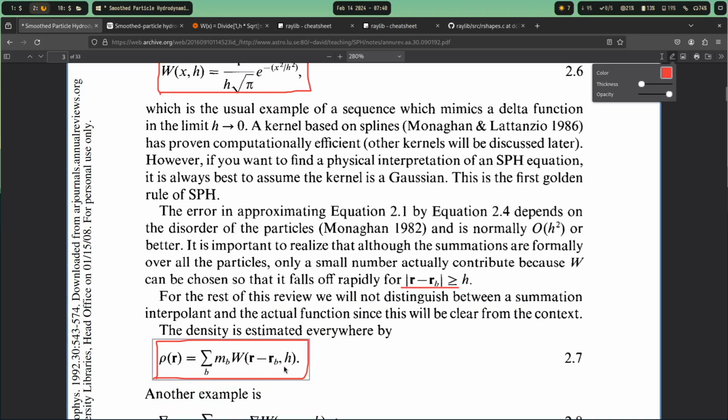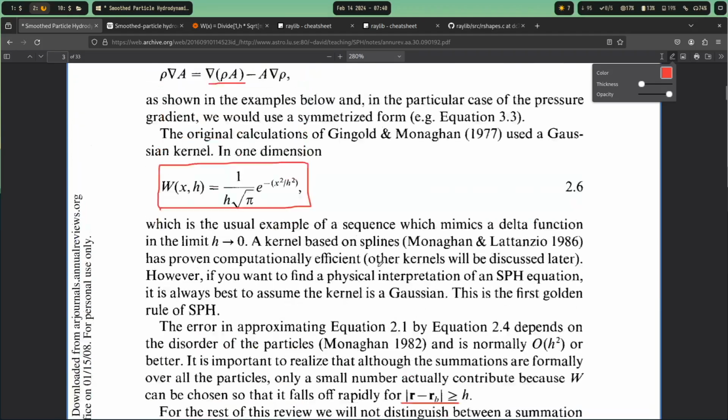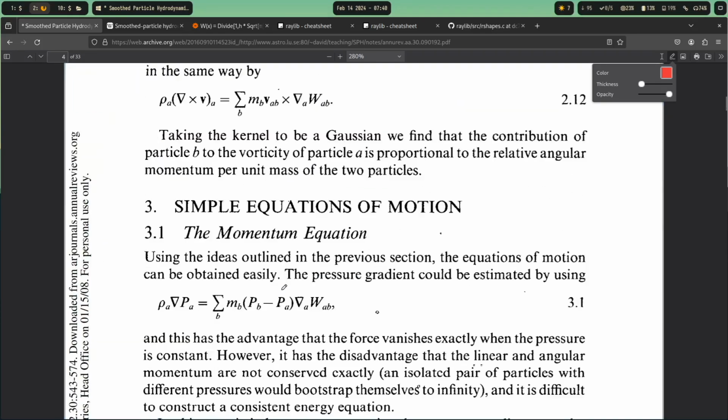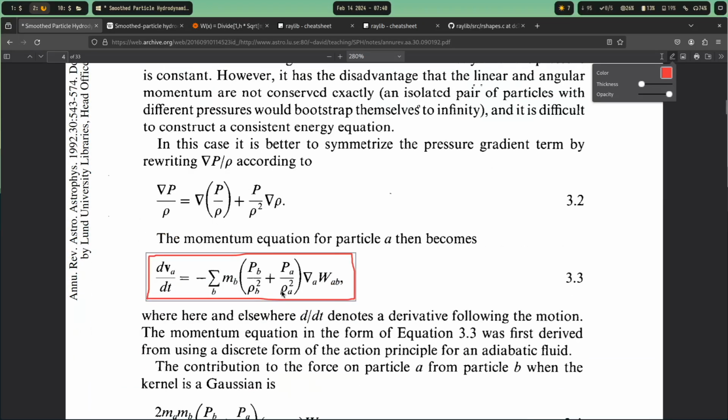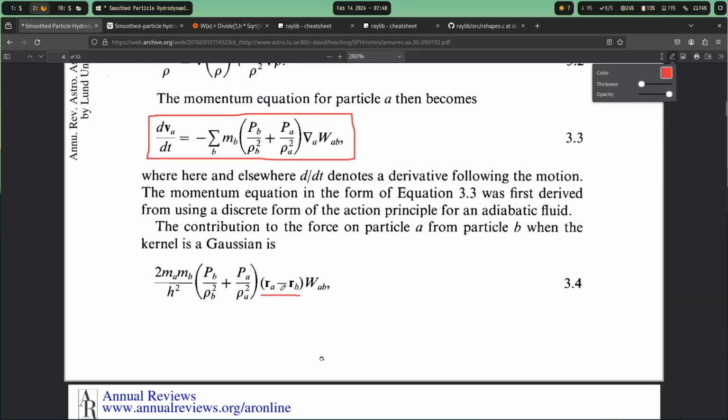I'm not really sure. But the density is a number, so it should be modulo, right? So maybe we get the direction. Where was it? We get the direction from this thing. This gives us the direction of the force. So yeah, maybe this is one of the next things we need to do.